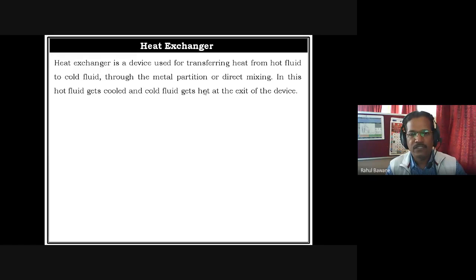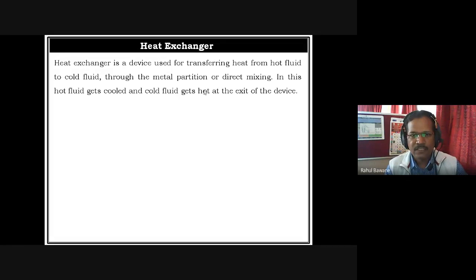After use it becomes hot. So we supply that oil through a condenser, and in the condenser with the help of cooling water we cool down that lubricating oil and recirculate it back to the engine again.